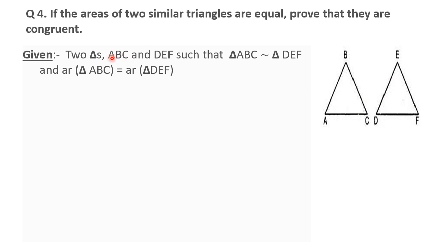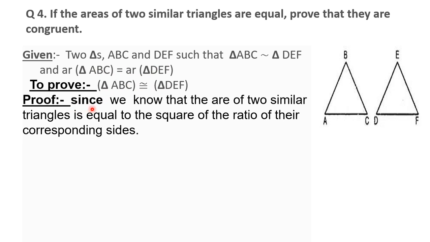So given two triangles ABC and DEF, and it is also given that the triangles are similar and their areas are equal. Now we have to prove these two triangles are congruent. Now let's start the proof. As we know that the ratio of the areas of two similar triangles is equal to the square of the ratio of their corresponding sides.